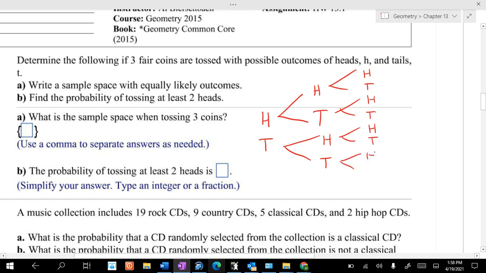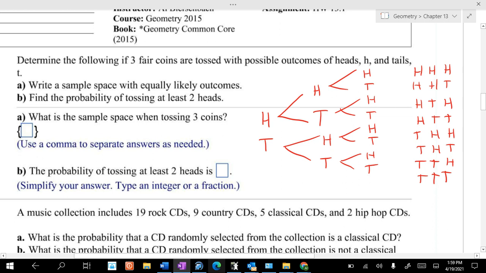So you could go heads, heads, heads 3 times in a row, or heads, heads, tails, heads, tails, heads, heads, tails, tails, tails, heads, heads, tails, heads, tails, tails, tails, heads, tails, tails, tails.